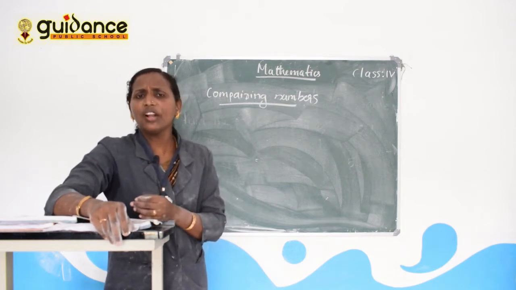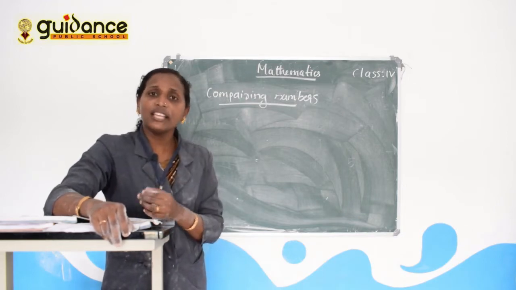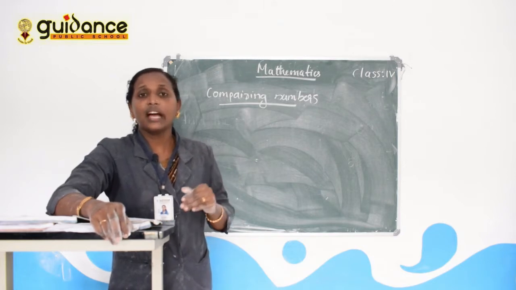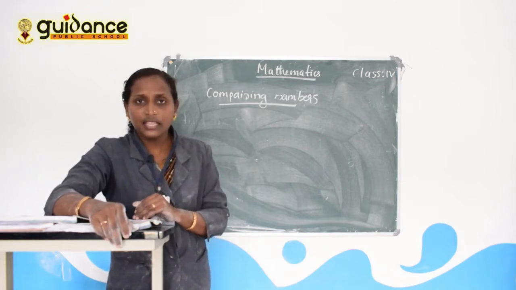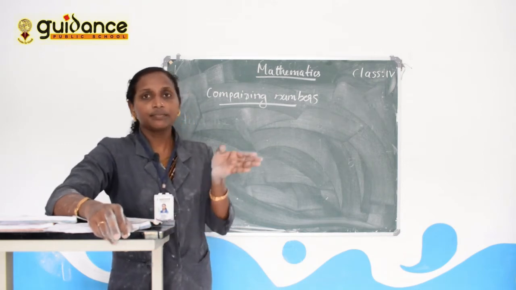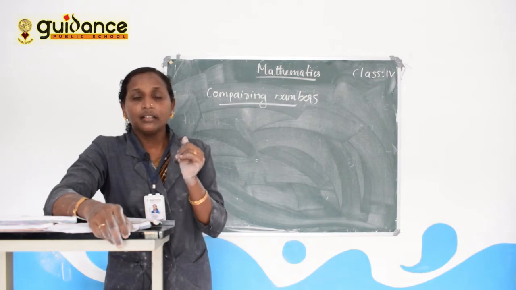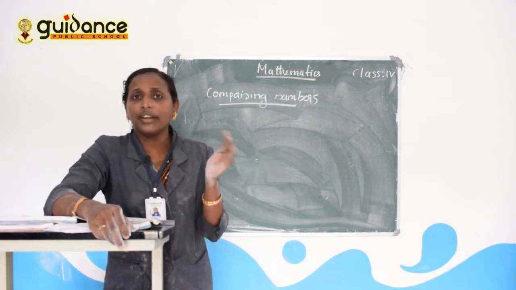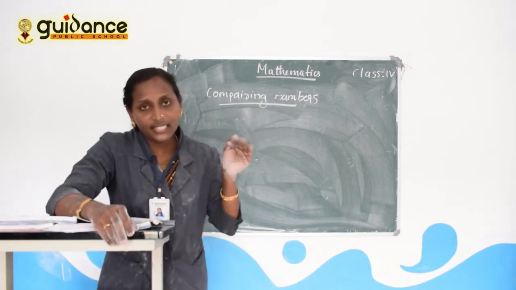We have already studied comparing numbers, and also the less than, greater than and equal to signs. In this class, to find whether the number is greater or less, we have to find out in this section.